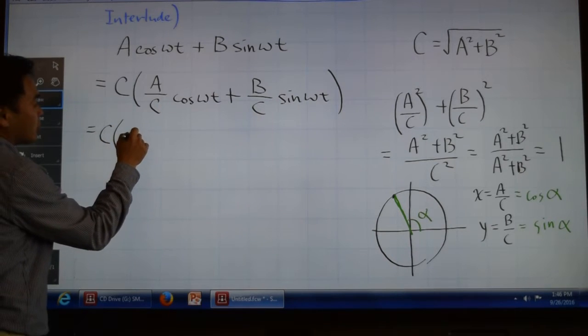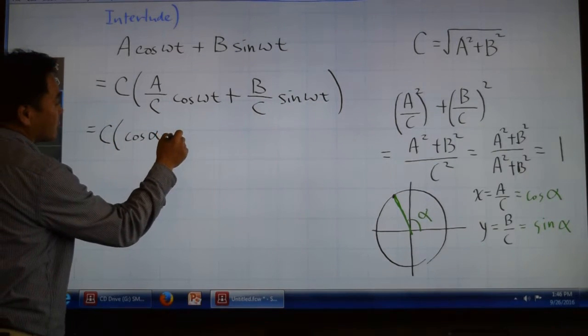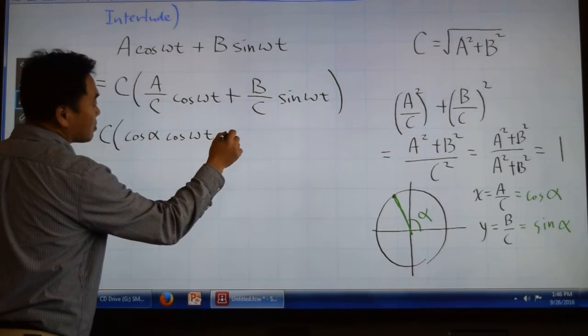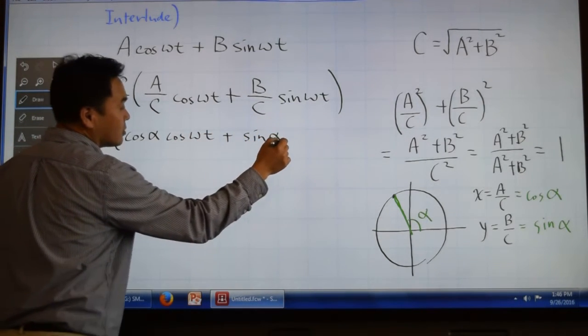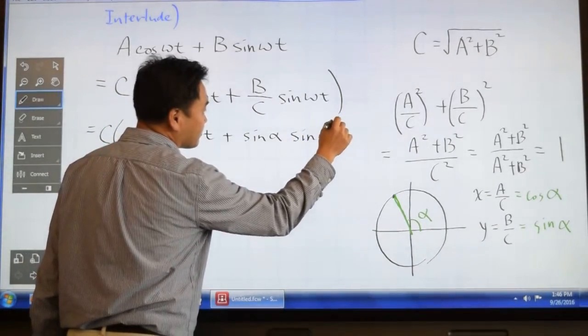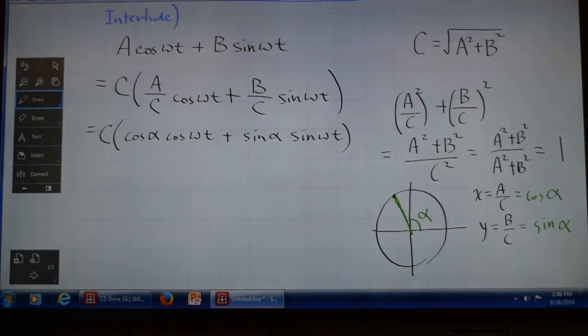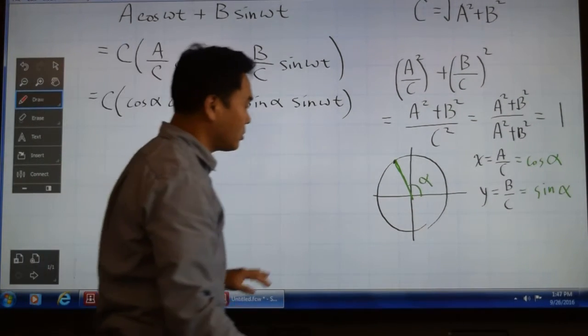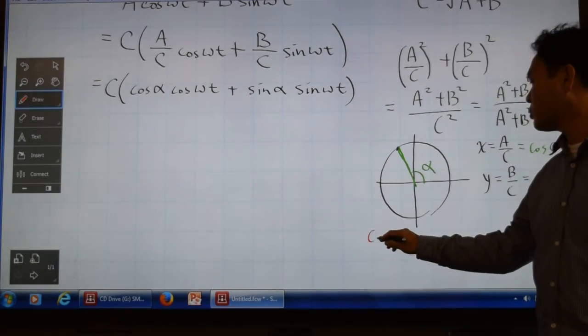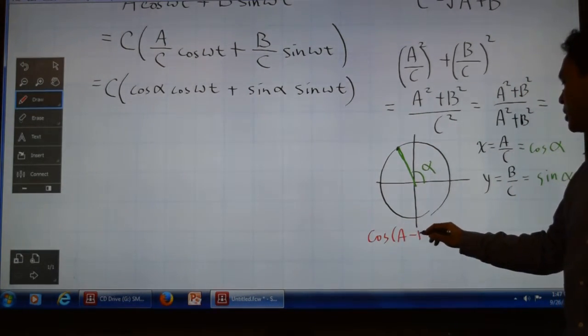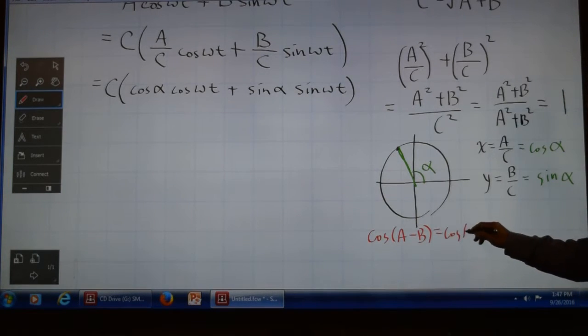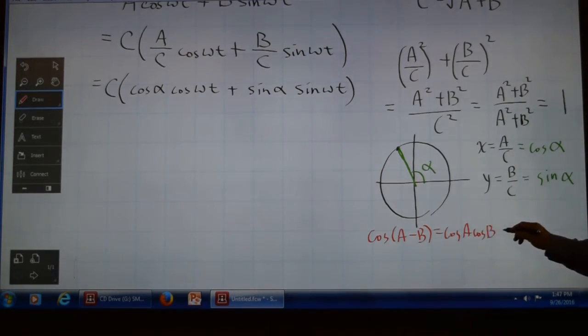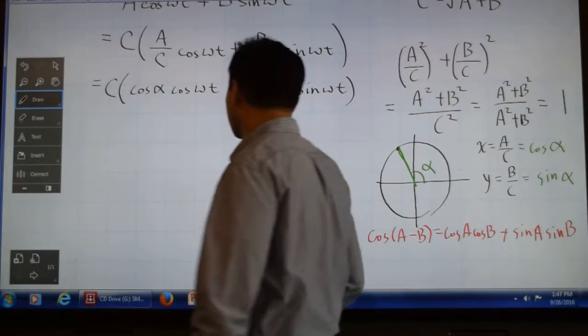We have cosine of alpha, cosine omega t, plus sine of alpha, sine omega t. And then we can use the following formula in trig, which is that cosine of A minus B is cosine A cosine B plus sine A sine B. And that's exactly the same as this part here, right?